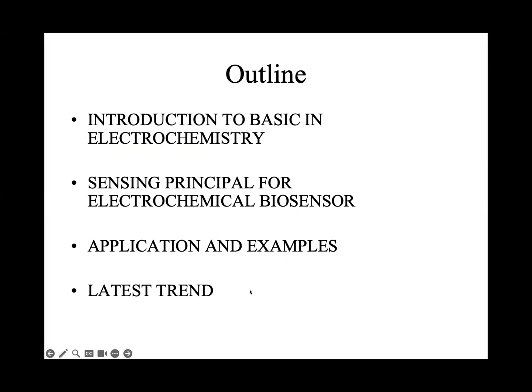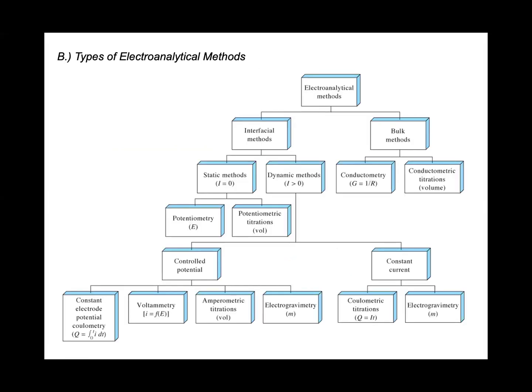All right. So I think I have done a bit on electrochemistry, some introduction, before we proceed to examples of electrochemical sensors. Just to give you an idea, under analytical methods there are a lot of methods, and we are only focusing on voltammetry.